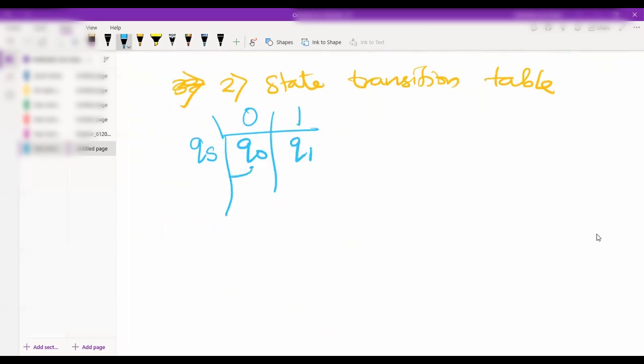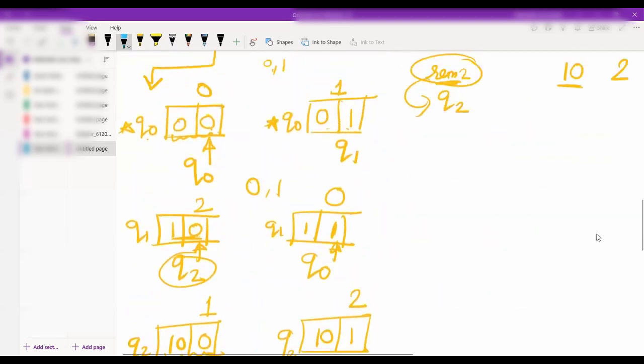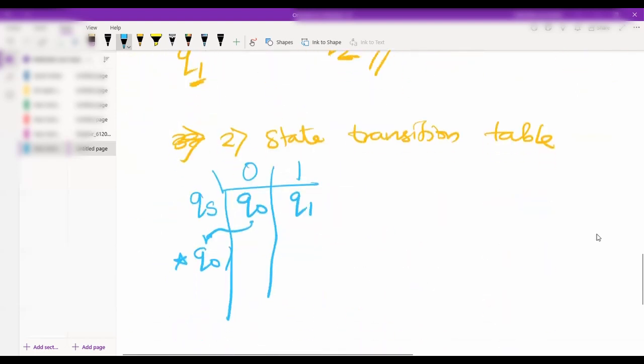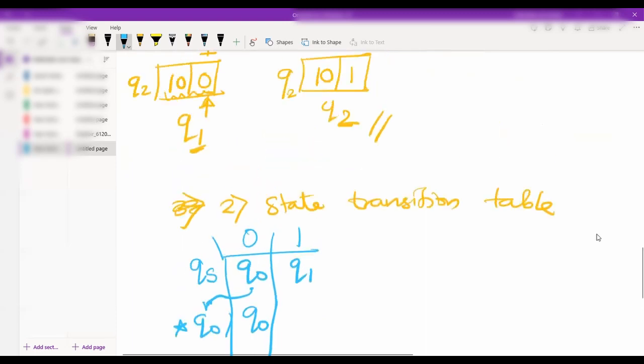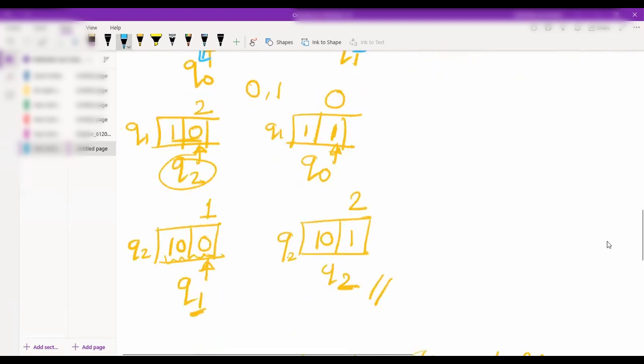Now we have to consider this as a current state. So Q0, as Q0 is the final state, we have to put an asterisk here. Now Q0 on 0 goes to Q0 state. Where does Q0 on 1 go?